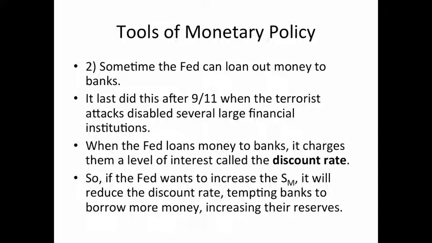The Fed has two other options too to change the money supply. They rarely get used, but I'm going to mention them anyway. So the second one is that sometimes the Fed can loan out money to banks.